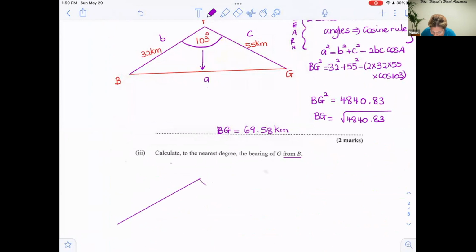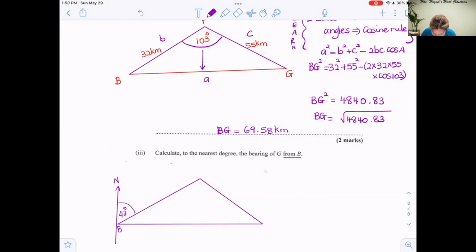So I have here this is my north line. This angle here was 42 degrees.